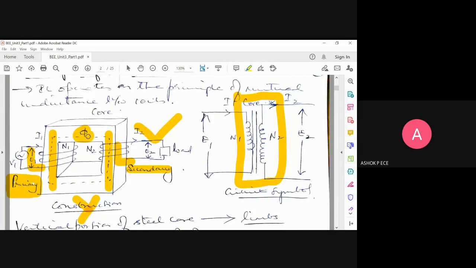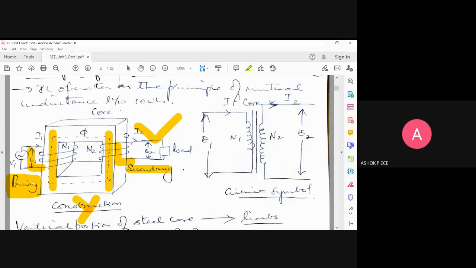So I have written phi here. You see, this phi is going to couple your primary and secondary of your transformer. The circuit may look like both are together, both are connected, but no. Remember, primary is on one side of your limb, secondary is on another side of your limb, and they are not connected electrically, but they are connected by magnetic flux phi.